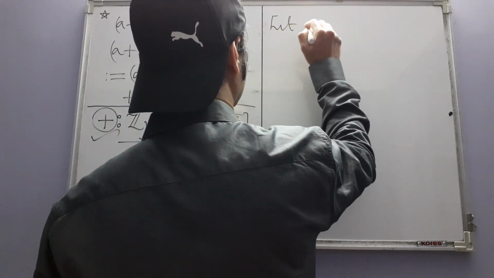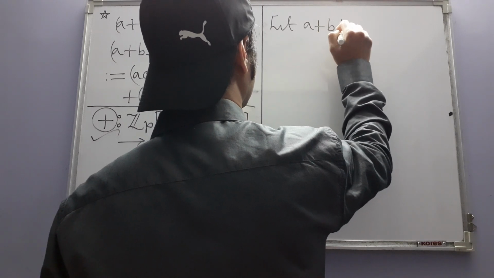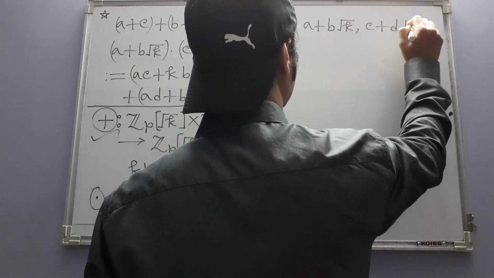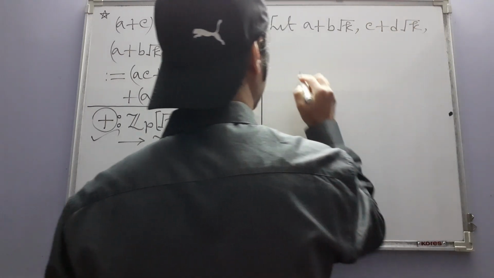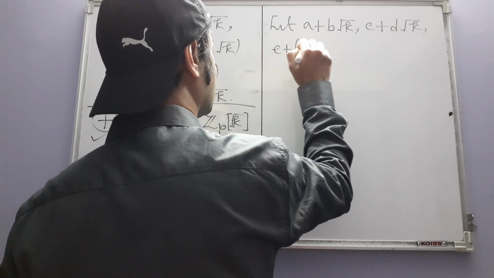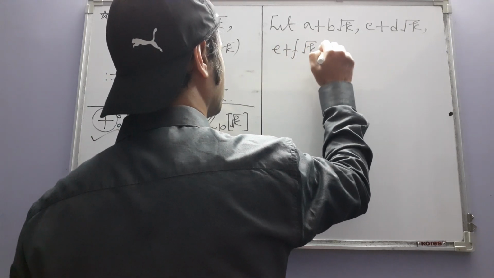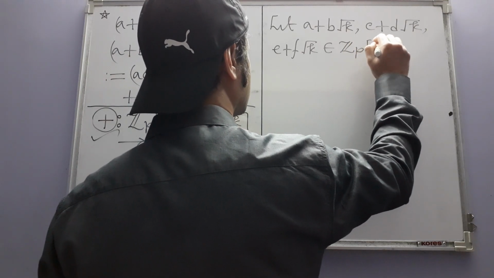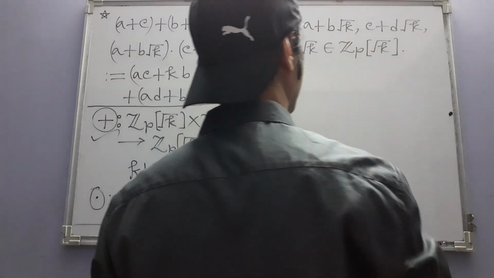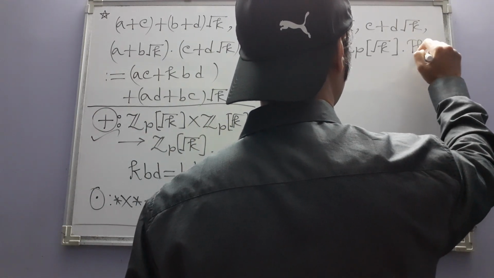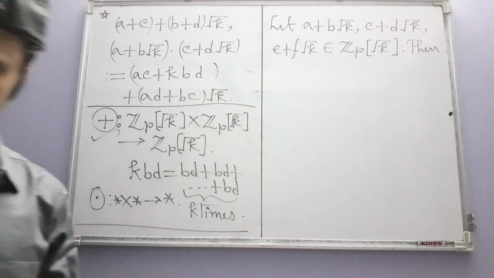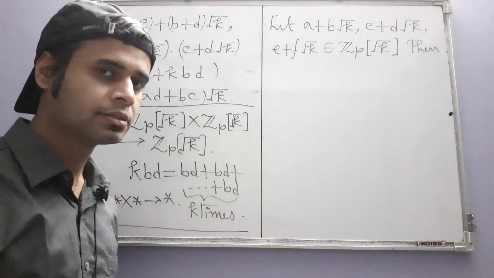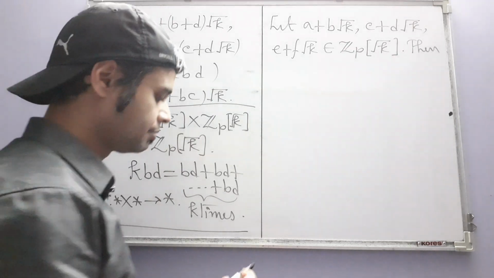Let a plus b root k, c plus d root k and e plus f root k belong to our set. Then, just now I have just simply mentioned these things verbally, but we need to write.